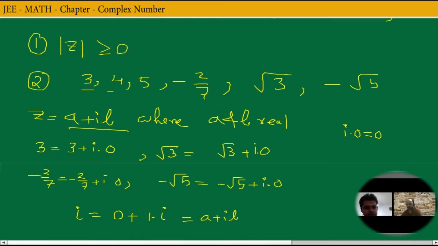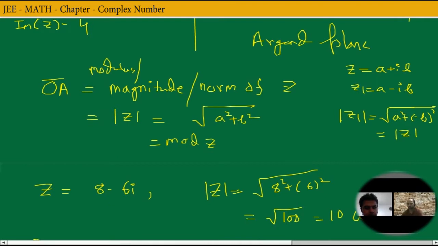Can you tell me the real part of i? 0. Imaginary part? 1. And if we try to write minus i, how are you supposed to write it in the standard form? 0 plus negative 1 times i. So 0 would be the real part and negative 1 the imaginary part. Perfect.